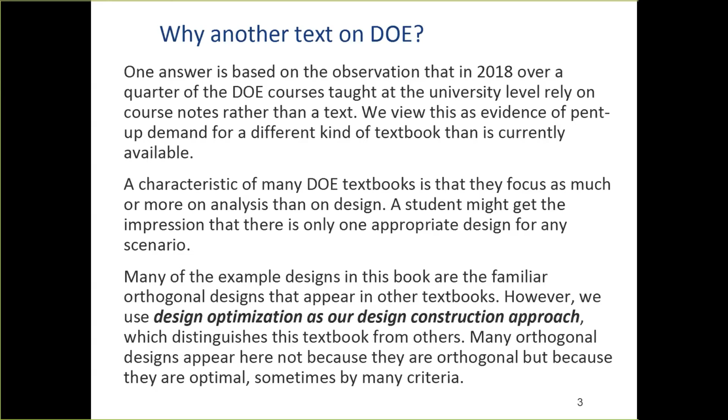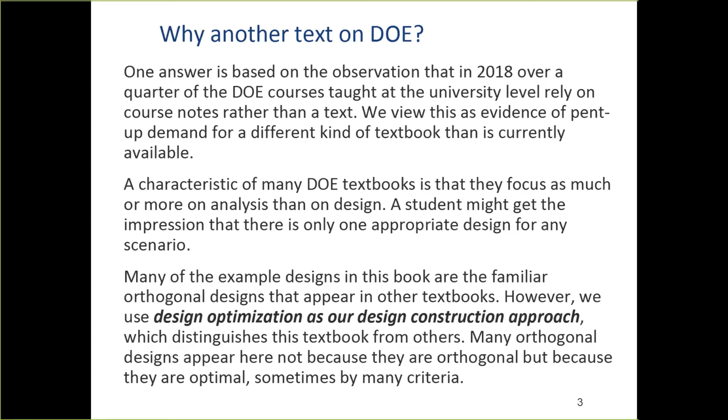I think the problem is that many design books focus a lot on analysis. About half of the content of these books is analysis, and so a student gets the impression that there's only one appropriate design for any particular problem.